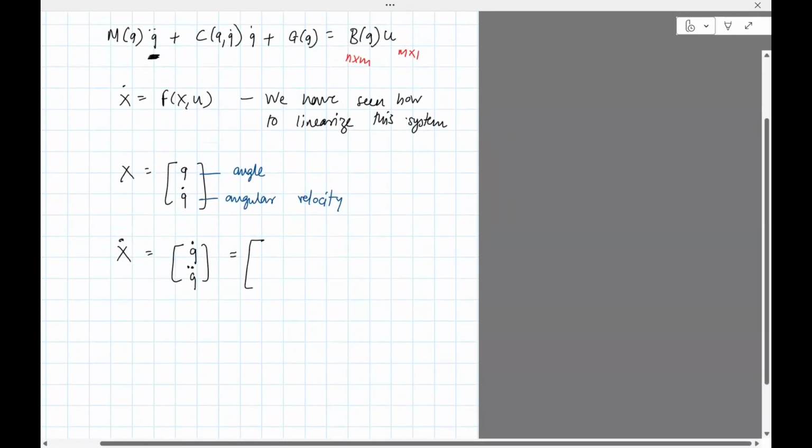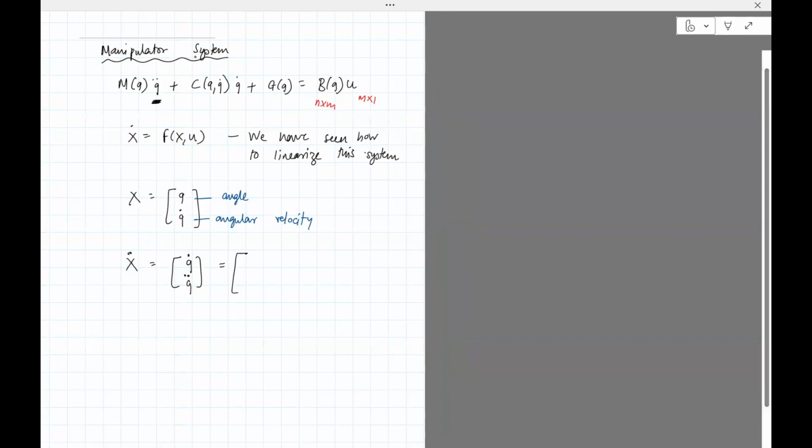Now what I'm going to do is write q dot as well. Q dot equals q dot, it's correct, right? And q double dot, the second row, can be obtained from this equation by solving for q double dot. If you see that equation there, it'll look like this. You'll have to move these two things to the right, and then multiply both sides by m inverse.